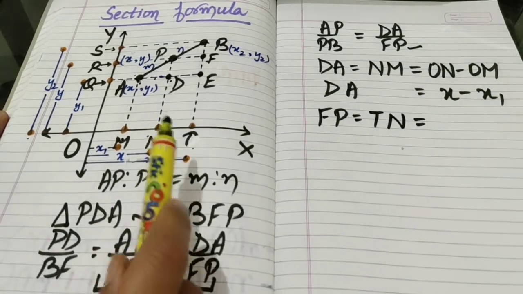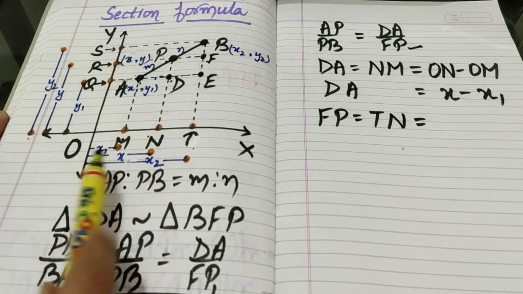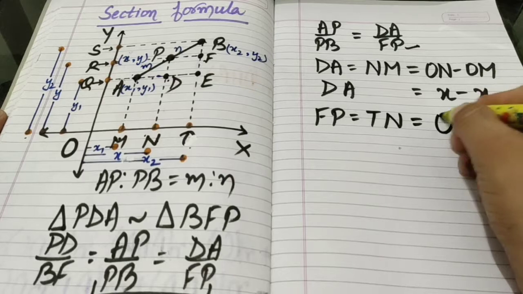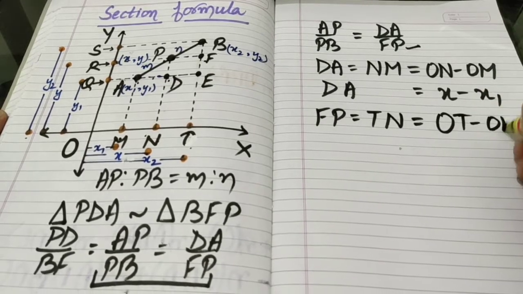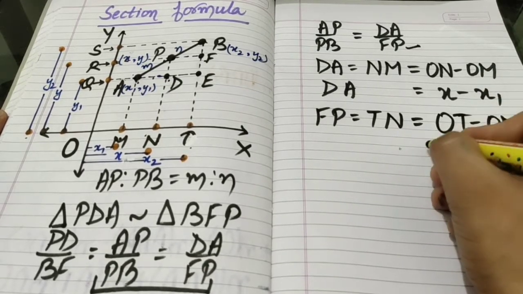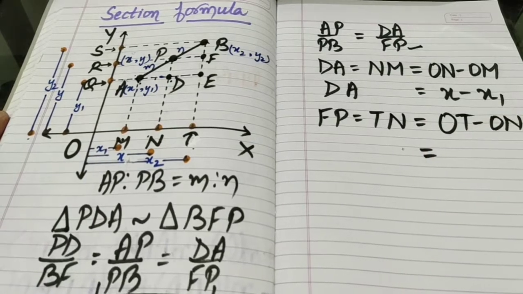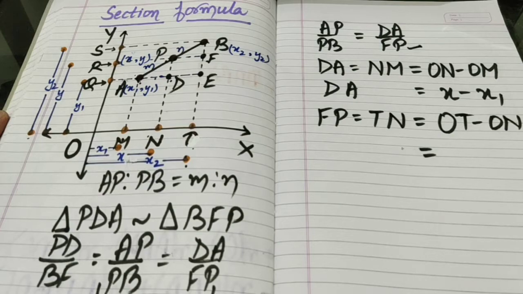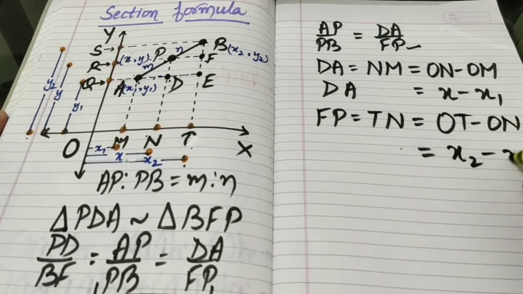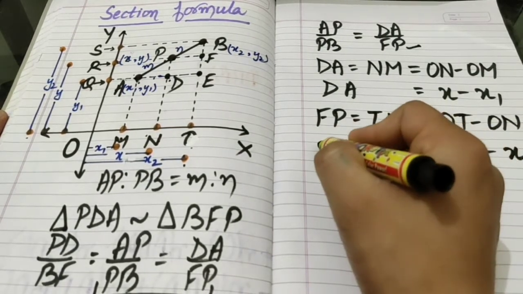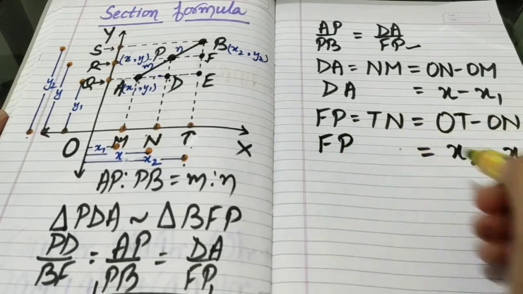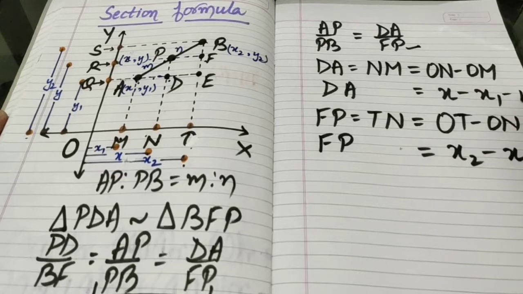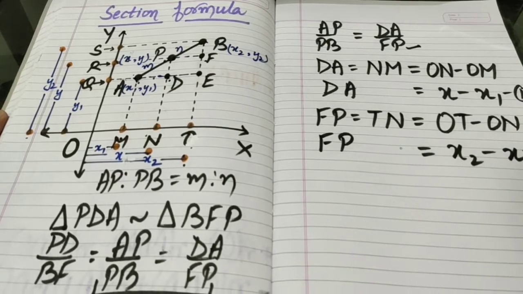And we know that TN equals OT minus ON. Here the value of OT is x2 and the value of ON is x. That is how we get the value of FP equals x2 minus x. Let this be number 1. Let this be number 2.